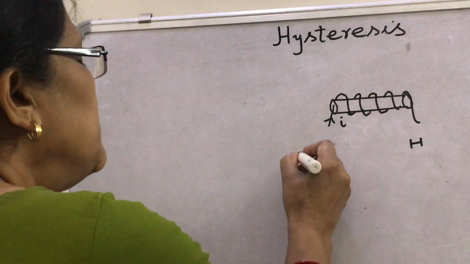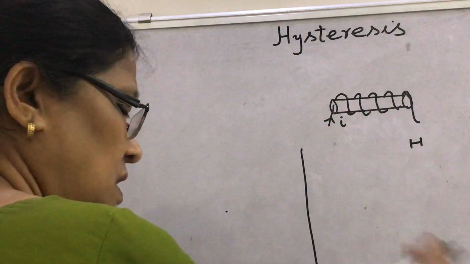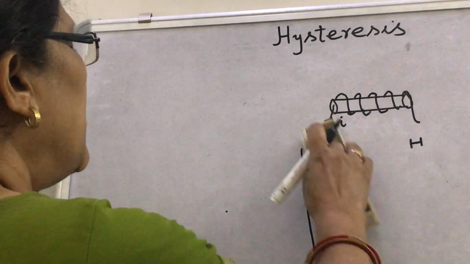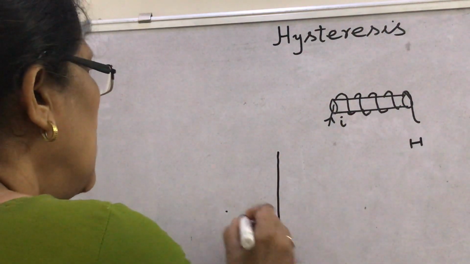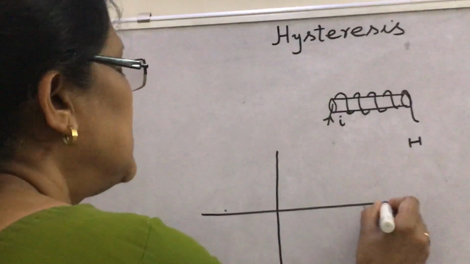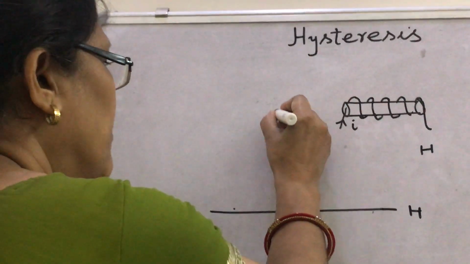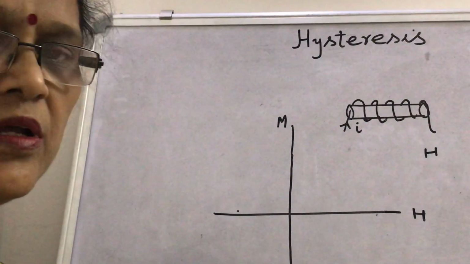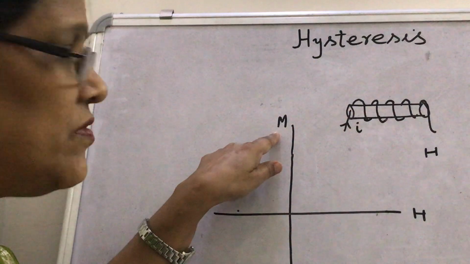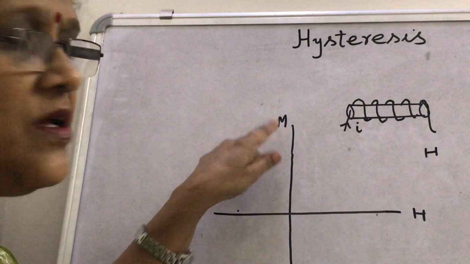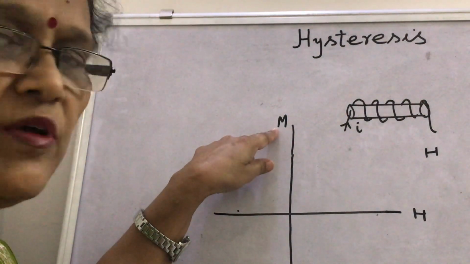Suppose we draw the curve, plotting on the x axis and y axis. These are the axes. Suppose on this axis H is taken, and here the magnetization M. Magnetization is also represented with I. Here I have written it with M. What is magnetization? Magnetic moment per unit volume of the material.